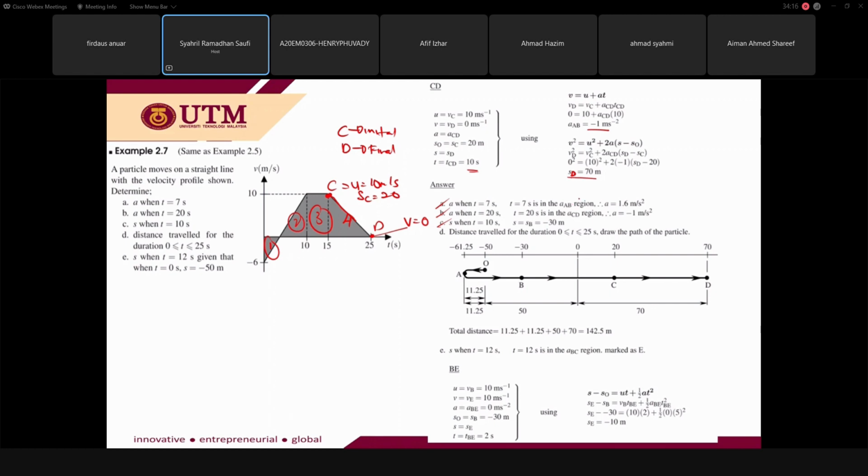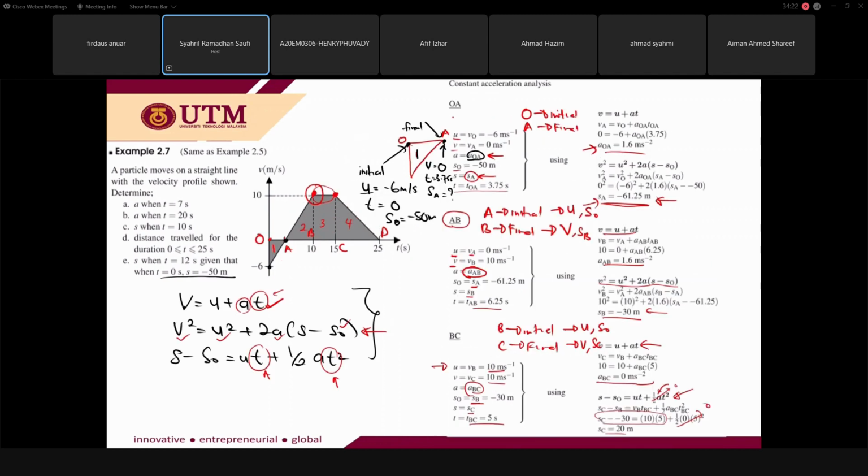For the distance traveled, since during the calculation you already include OA, AB, you know the information here: the point where the particle changes direction, which is V equal to 0.